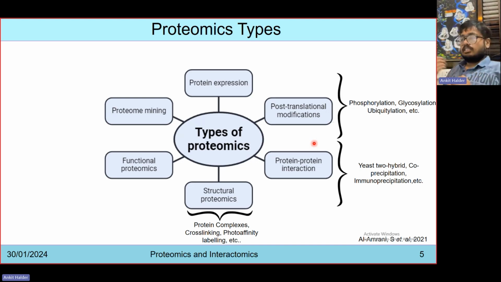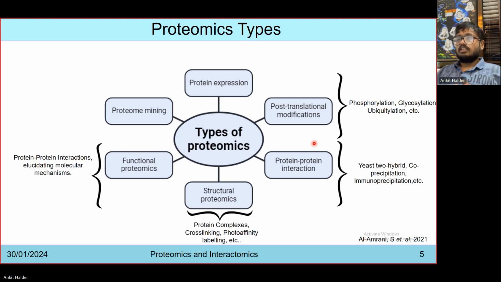So we have protein complexes, how they are cross-linked at different locations, and then how to understand, for example, when an antigen and antibody interact, how the structural conformations are there, and how the changes are happening. All this comes under the field of structural proteomics.